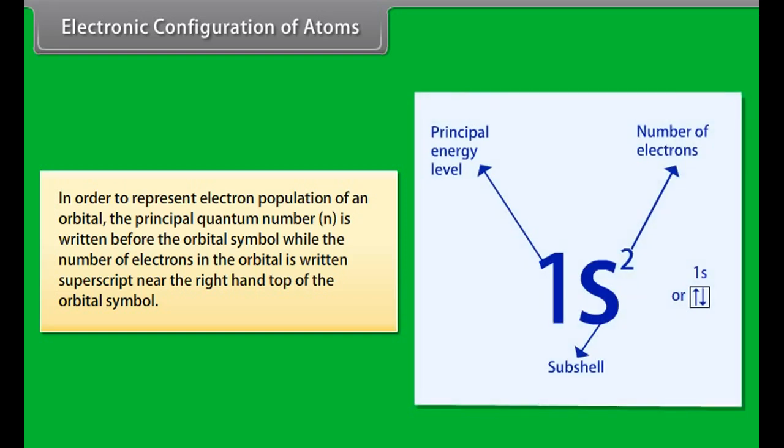Electronic configuration of atoms. In order to represent the electron population of an orbital, the principal quantum number n is written before the orbital symbol, while the number of electrons in the orbital is written as a superscript near the right-hand top of the orbital symbol. If we have 2 electrons in the s orbital of the first energy level, then it is written as 1s2.